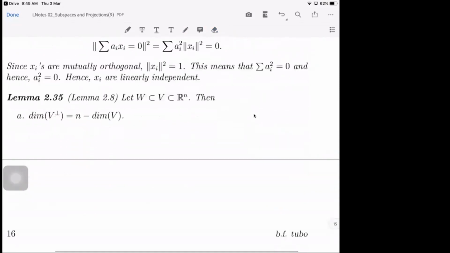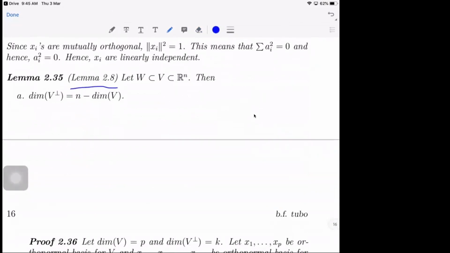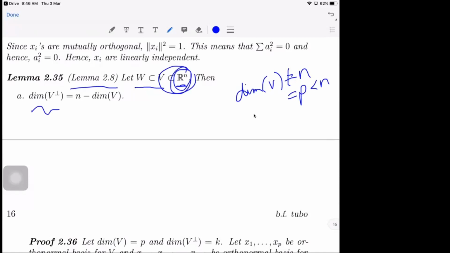Okay, next. Lemma 2.8. Let W be a subset of the subspace V, and V is a subset of R to the N. So the dimension of V is not equal to N, but it can be equal to P where P is less than N, since it is a subset of R to the N. So your whole space is N. So the dimension of the perp will be the whole dimension minus the dimension of V. So if the dimension of V is P, then the dimension of V perp will be N minus P, no?